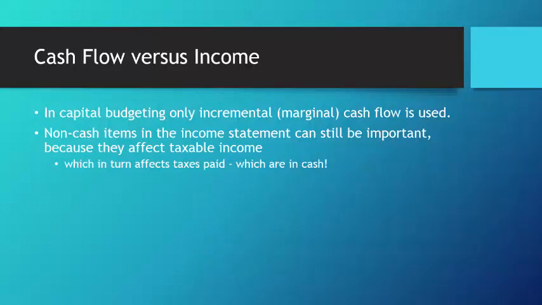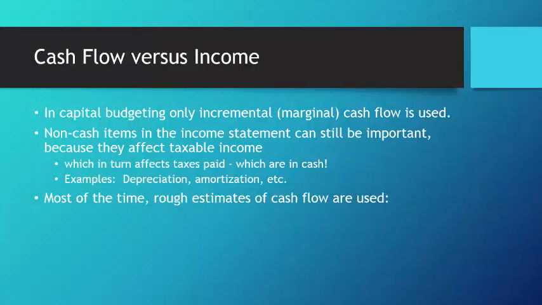But the tax shielding effect that they have is important to note. And so we're going to pause long enough to take a look at that. So for instance, depreciation and amortization, we're going to be taking a look at how those affect tax, but realize that they have no impact on the cash aside from the tax effect.